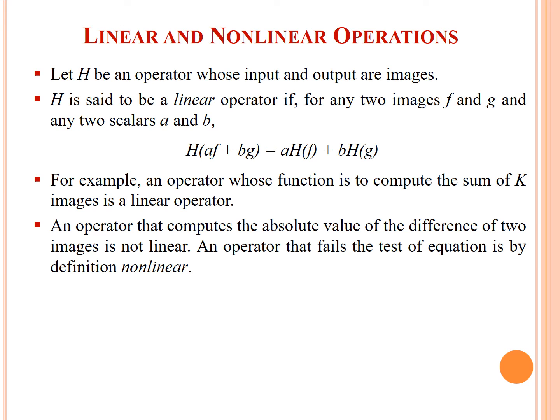That is, the result of applying a linear operator to the sum of two images that have been multiplied by constants is identical to applying the operator to the images individually, multiplying the results by the appropriate constants, and then adding those results. For example, an operator whose function is to compute the sum of K images is a linear operator. An operator that computes the absolute value of the difference of two images is not linear. An operator that fails to satisfy the above equation is by definition nonlinear.